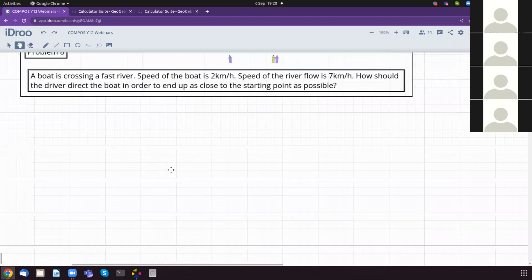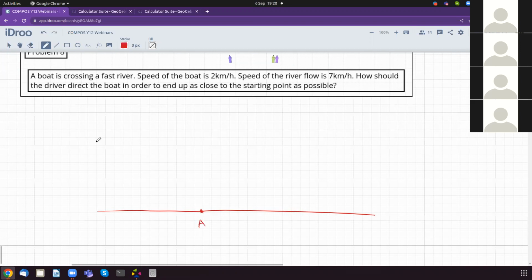So let's say you have the riverbank. You start from point A. You want to cross the river. You want to end up as close to point B as possible. And we know that the speed of the river is 7.